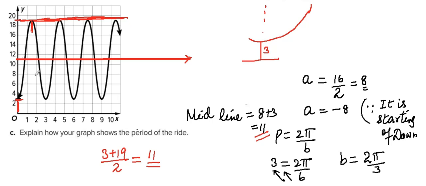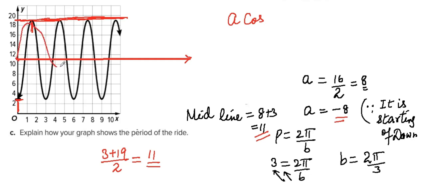So this is the graph of this, and how to write it: because it is starting from down, not starting from the origin, at 3, it is negative. You can write a cosine, because if it started from here it would be a sine x, but it is not. So this is cosine bx plus k.